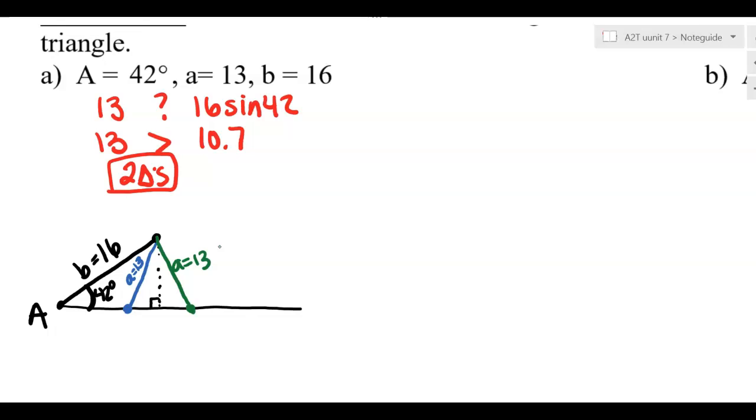Okay, and you guys don't have to set the drawing up like this every time. Spatially, sometimes I struggle with setting it up, so I like to draw it the same way every time and then move the triangle information to fit my drawing. If you have really strong spatial abilities, that might not be an issue for you. Okay. Is everybody okay with our setup here? That we found out it was 2 triangles based on how we learned to analyze yesterday, and that in general that would look like this as our 2 options, okay?